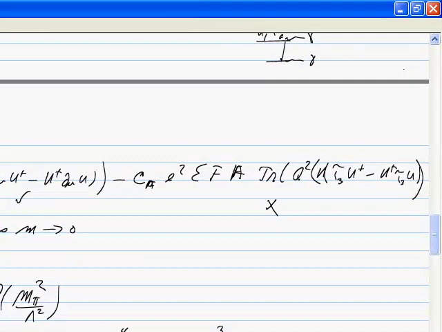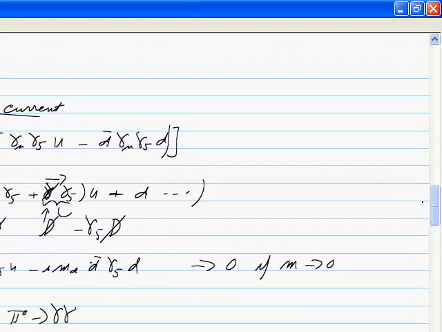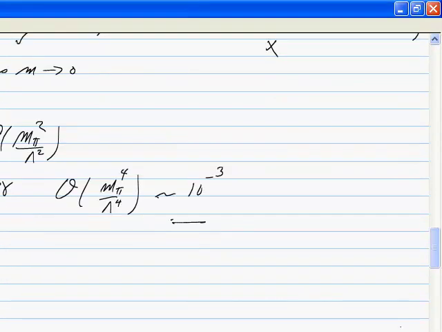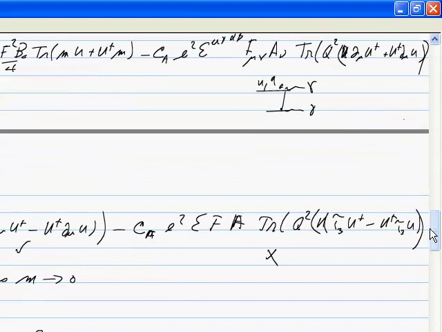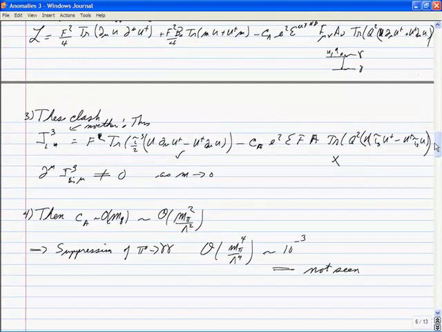So the π⁰ to 2 gamma story has these ingredients here, but this suppression was not seen. If you just put a typical number there of order unity, you get something in the right magnitude. You're not off by a factor of 10 to the 3.